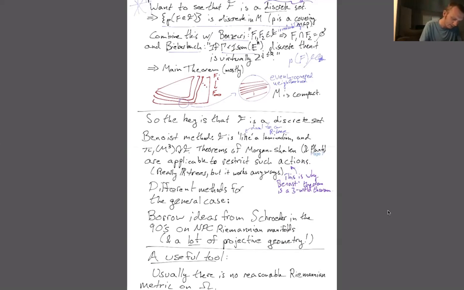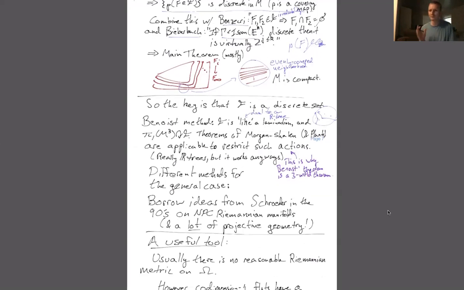Benoist says, here's omega, it has these triangles sitting in it. If I replace the spaces between the triangles with points and I replace the triangles with edges, then I get a thing that looks like a graph. And by looks like a graph, I mean is an R tree. And I also have a 3-manifold group acting on it. Okay, so there's knowledge about these things.